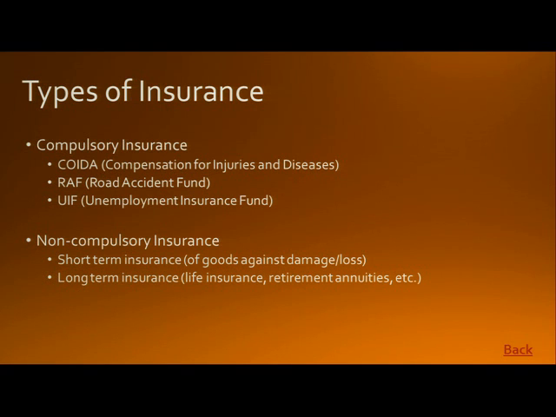The Road Accident Fund is not to insure assets, meaning if my car gets damaged on the road, I can't claim for the car. I can only claim for me as a person, or any person that was injured. A couple of months ago, we heard on the news there was a trial of a singer who was under the influence of drugs, and he drove too fast, and he ran over a couple of kids walking alongside the road.